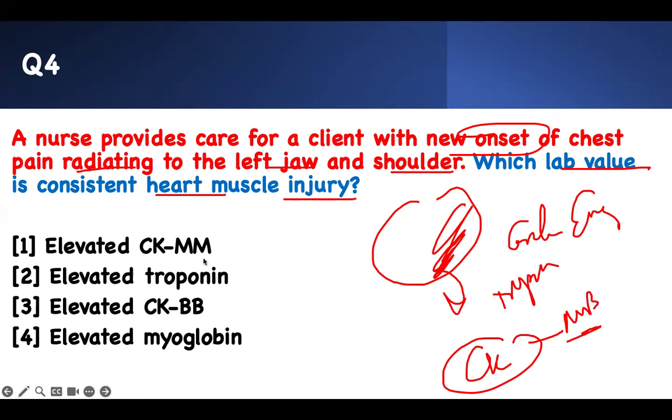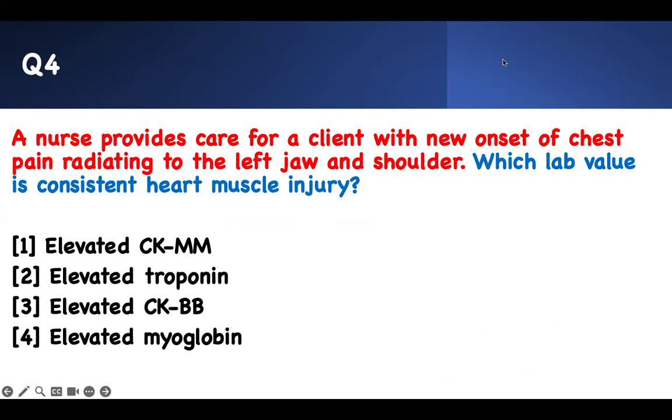That is the most important. Creatine kinase MM is all muscle. Creatine kinase BB is all from the brain. Myoglobin is due to muscle injury, specifically like in rhabdo, but not this one. So this one is the right answer. Number 2, troponin.